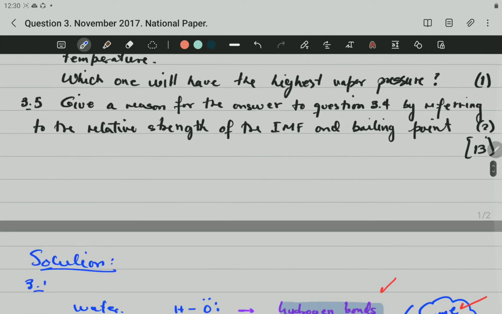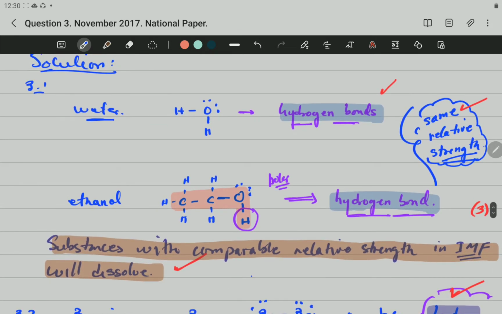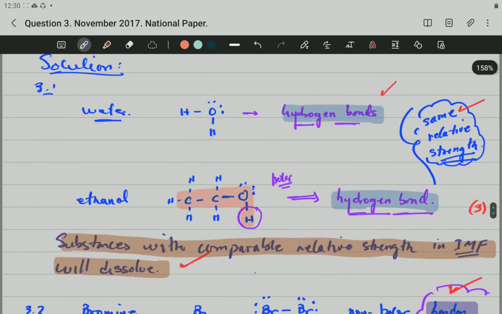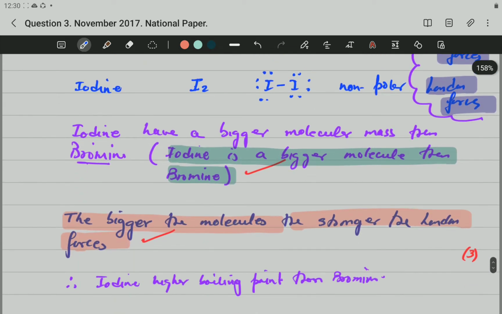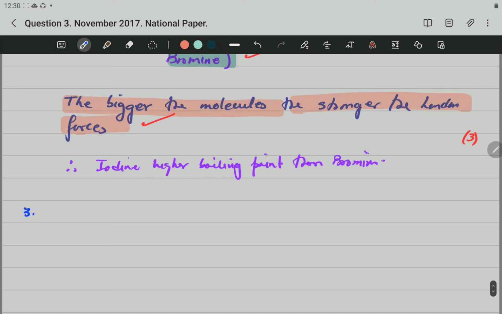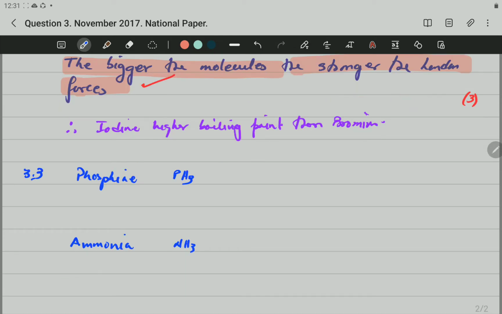So let's go to 3.3 quickly. All right, so here is phosphine and ammonia. If we look at the Lewis dot diagram for phosphine, we have a P with 3 H's and a lone pair.